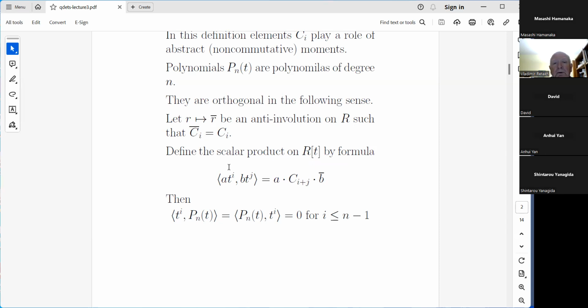Then you can define the scalar product on the ring of polynomials R depending on t, where t is central.